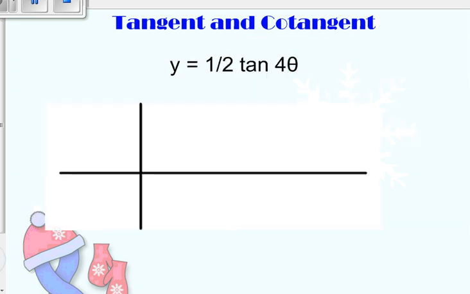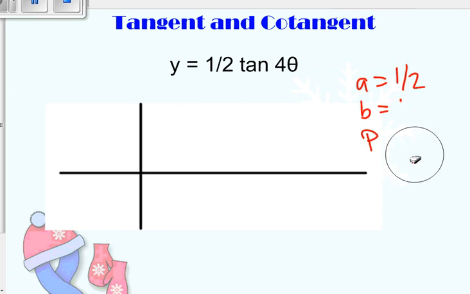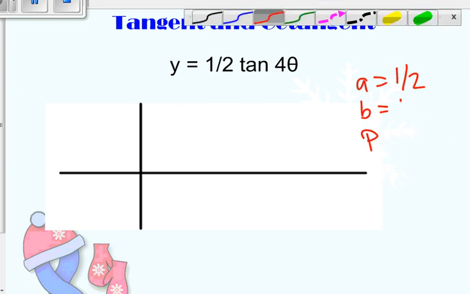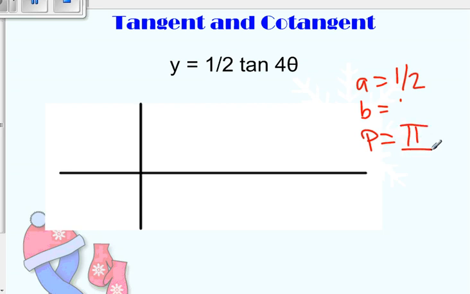Got 2 more examples here for you. So our A value here is 1/2. Our B is 4. So our period is, oh, no, pi. Sorry, not 2 pi. It's pi over 4. So pi over 4 is here.